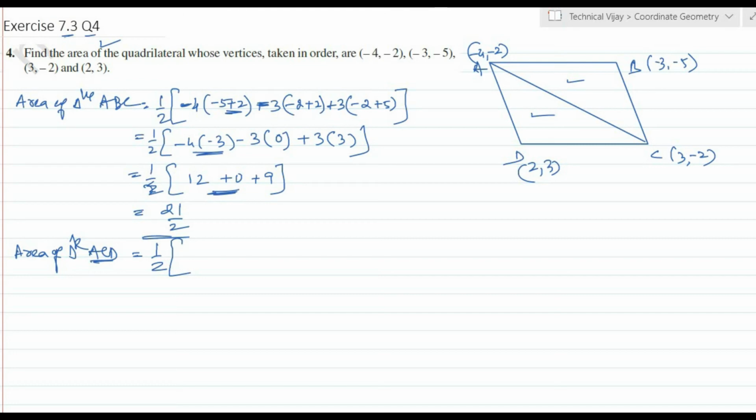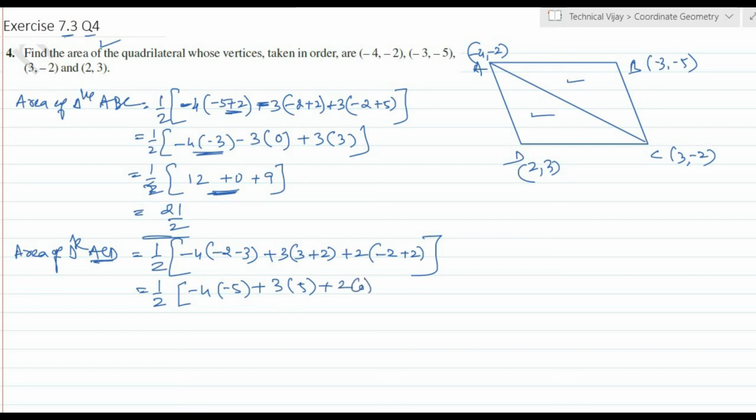So this is x1, that is minus 4 into y2 minus y3, minus 2 minus 3, plus x2, so here 3 into y3 minus y1, so 3 minus of minus 2, here x3 is 2 into y1 minus y2, that is minus 2 plus 2. So here minus 4 into minus 5, so plus 3 into 5, so plus 2 into 0.